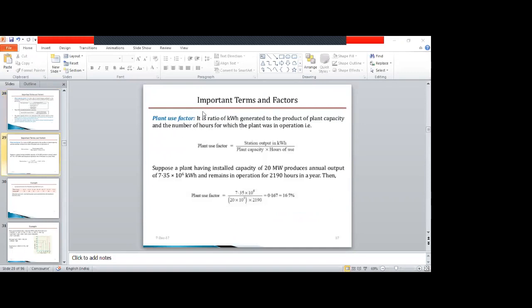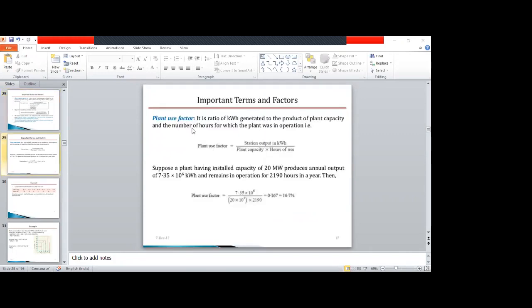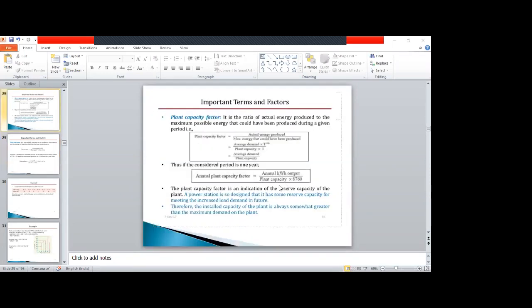Similarly, we have other factors. Plant use factor. See how it is different from plant capacity factor. Plant use factor is the ratio of kilowatt hour generated to the product of plant capacity and the number of hours for which the plant was in operation. The only change in this expression is in the denominator, hours of use. In the earlier expression, the entire time was considered.